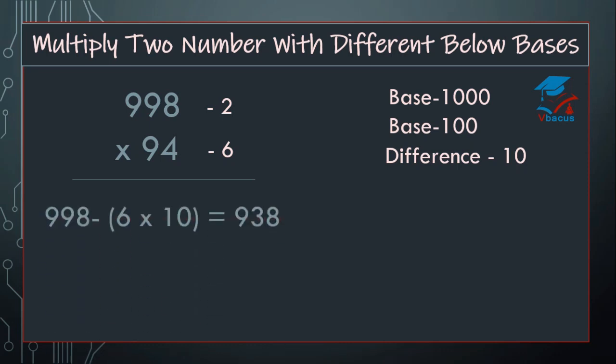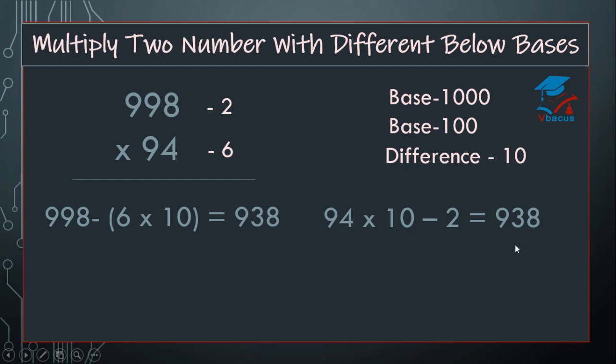If we take 998 and subtract 6 multiplied by 10, that is the difference, so that will become 60. If you subtract 60 from 998, it will come 938. Or you can take 94 times the difference, minus 2.